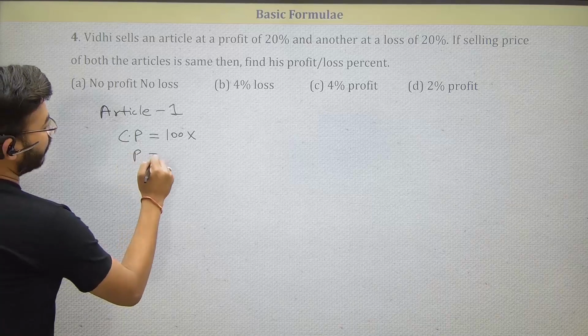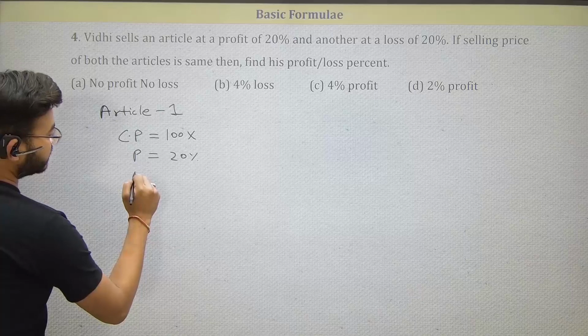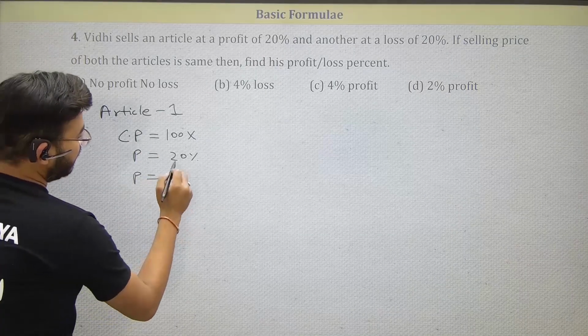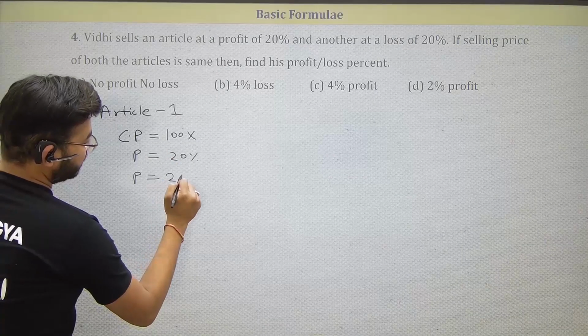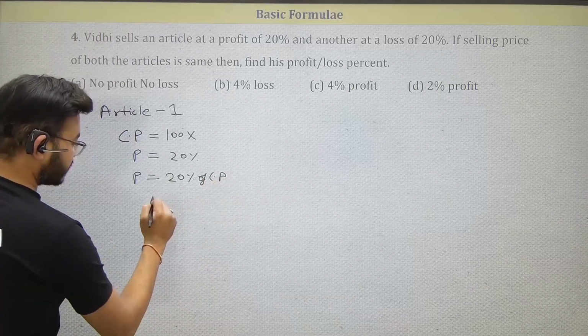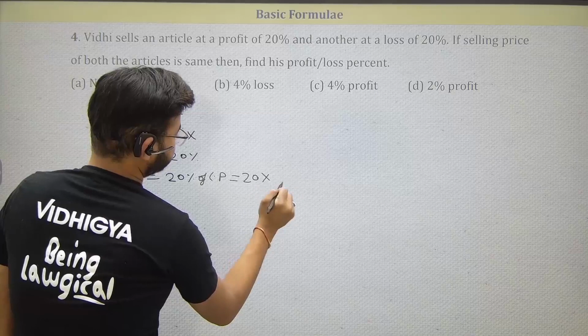Now it has a profit of 20%. So profit is always calculated on cost price. So profit will be 20% of cost price, so that will be equal to 20x.